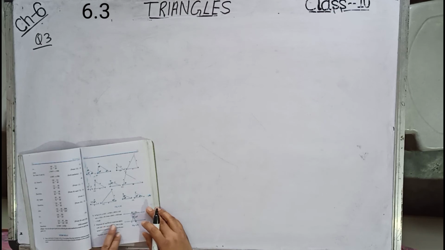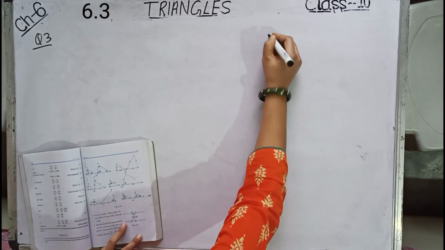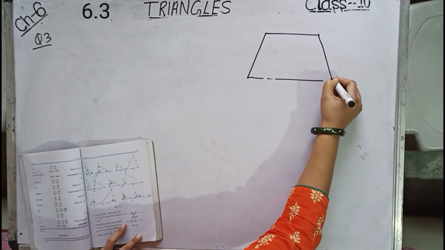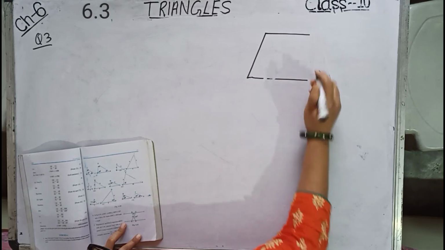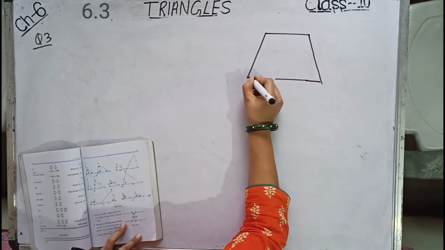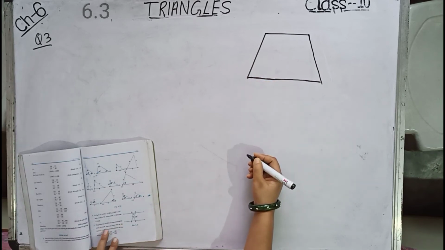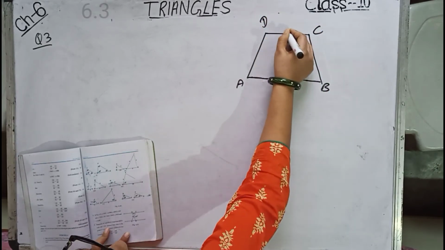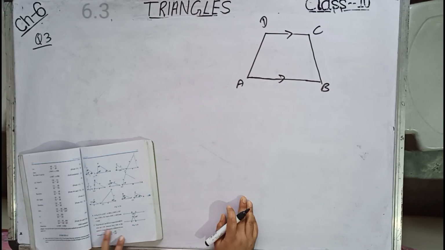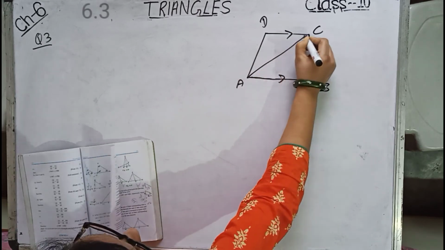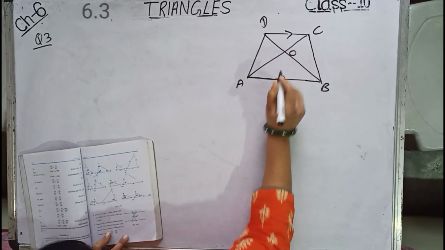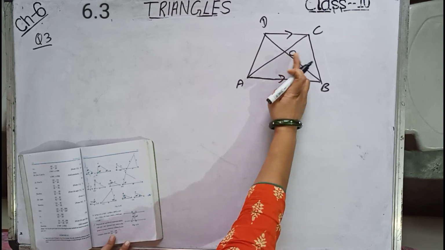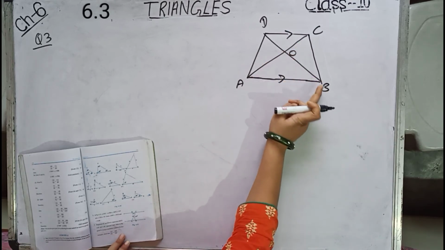Question number 3 is saying that diagonals AC and BD of a trapezium ABCD, with AB parallel to DC, intersect each other at the point O. Using a similarity criterion for two triangles, show that OA by OC equals OB by OD.